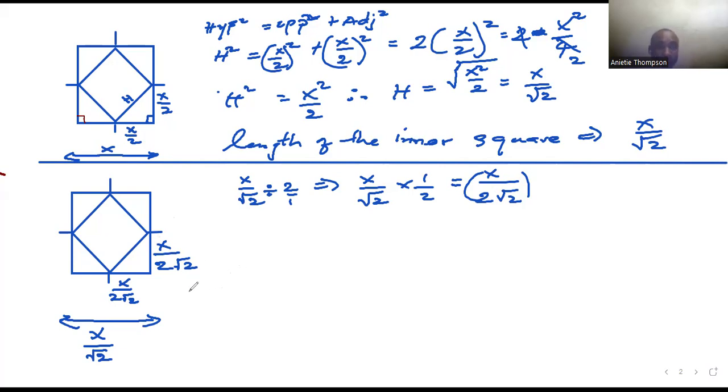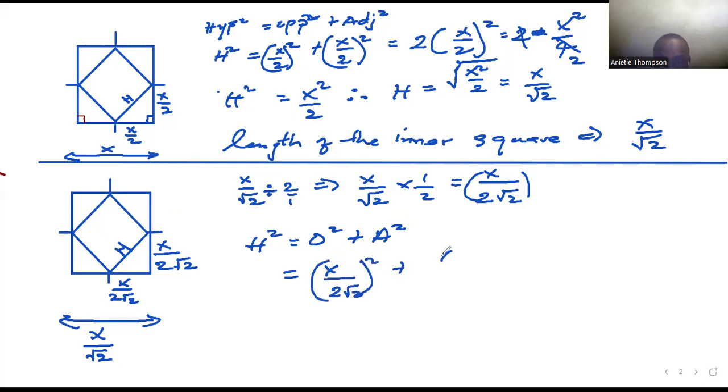Let's also name this h. Using the same concepts, h squared equals o squared plus a squared, that is hypotenuse squared equals opposite squared plus adjacent squared. So the hypotenuse squared equals (x over 2 root 2) squared plus (x over 2 root 2) squared.